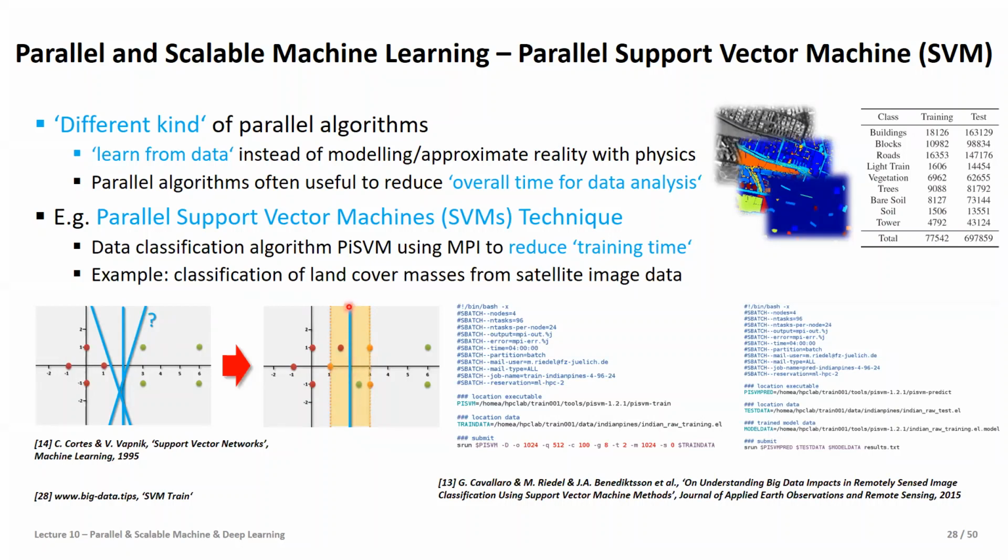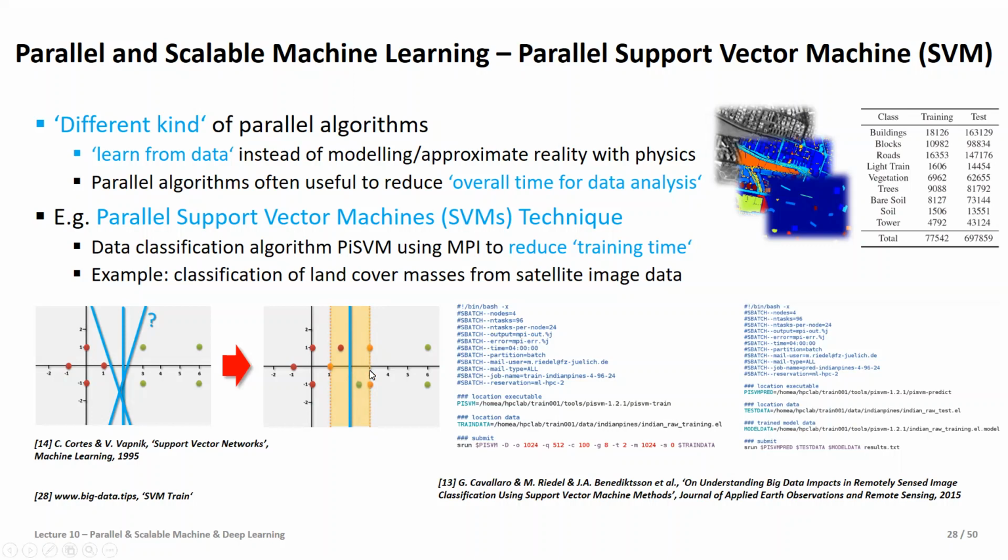Hence you have an optimization problem of finding the best line that maximizes the distance between the points on the edge of the street. Then you are very well prepared for future points, red and green, because there is a high likelihood that the buffer enables you to classify them correctly.